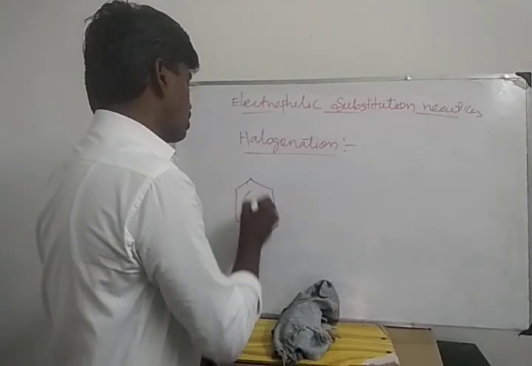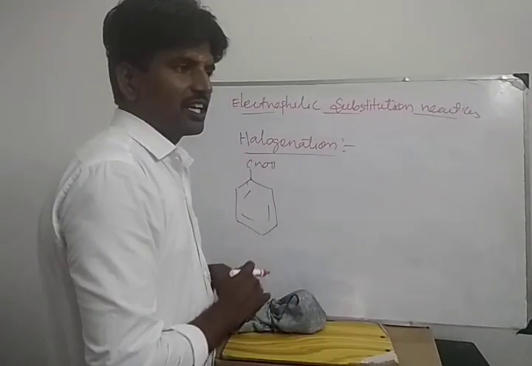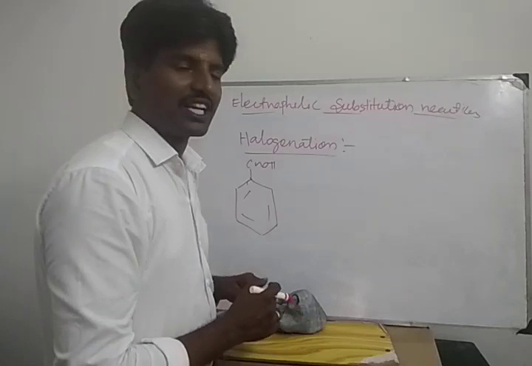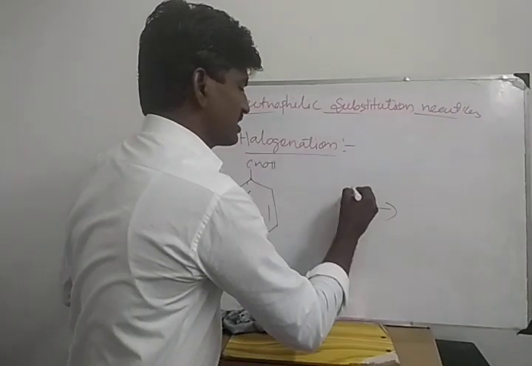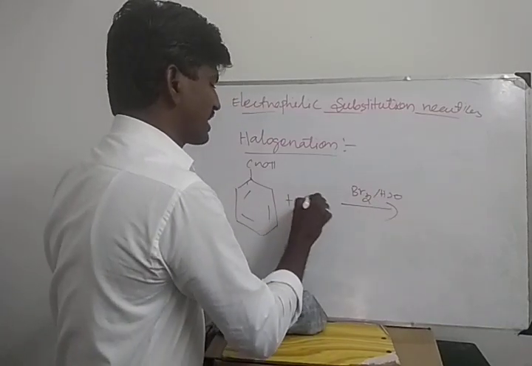Now I am going to do bromination. You know brominating reagents: FeBr3 or aqueous bromine, Br2 with H2O. Here I am going to add aqueous bromine. It is a brominating reagent, it gives bromine to the reactant.